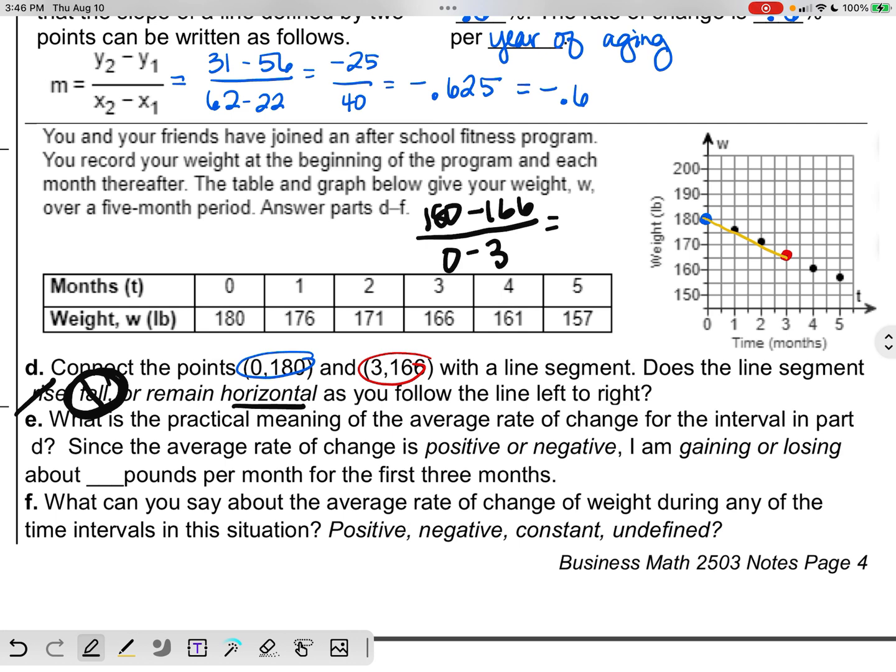Whenever you go for it as a decimal, you're going to be at negative 4.7. So we are losing weight at about 4.7 pounds per month. Notice we did not put negative 4.7, you said losing. And your average rate of change would be negative.